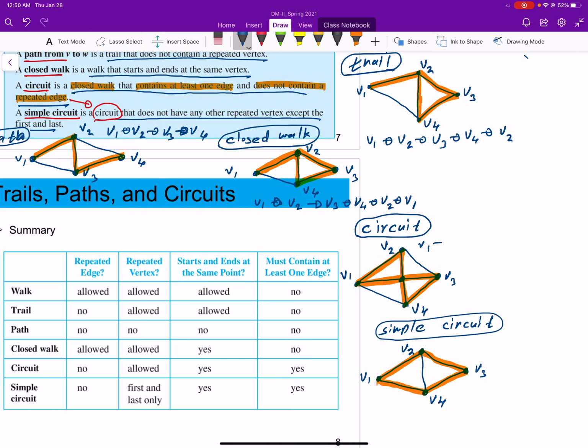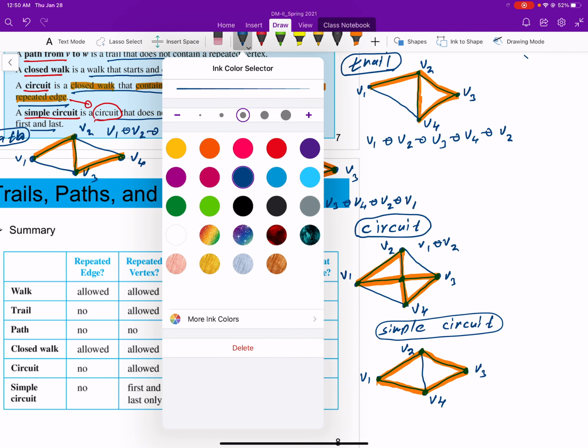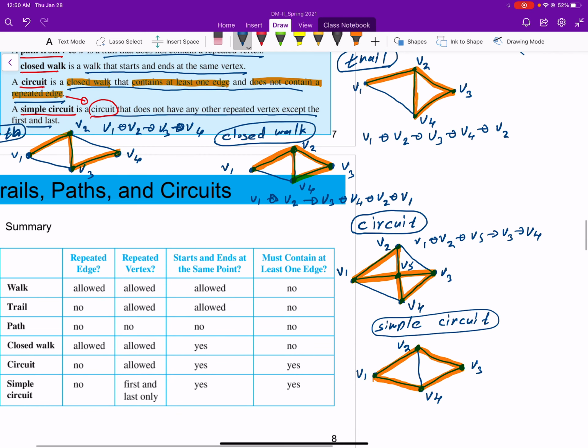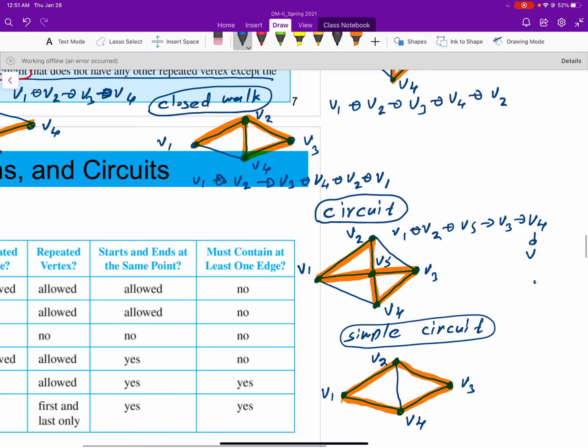It goes like V1, V2. Let me mark this as V5. V5, V3, V1, V2, V5, V3, V4, and then V5 again, and then V2, and finally V1.